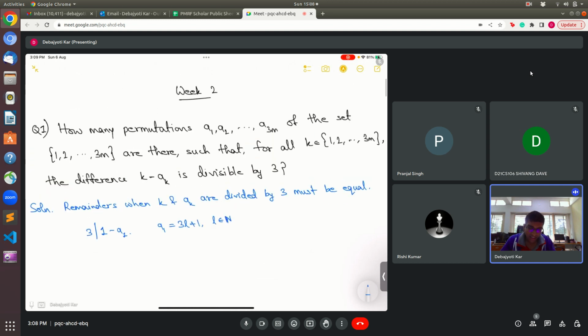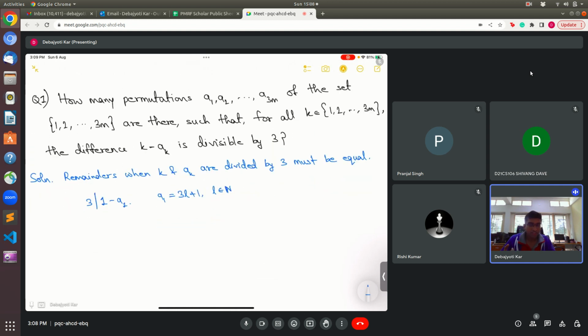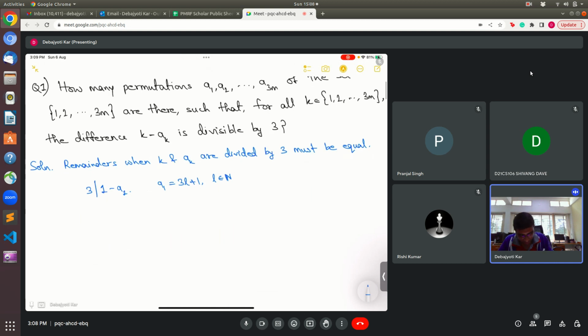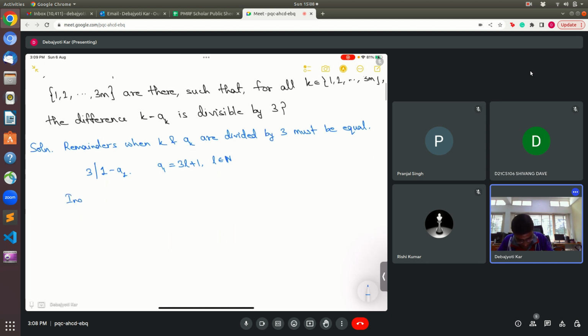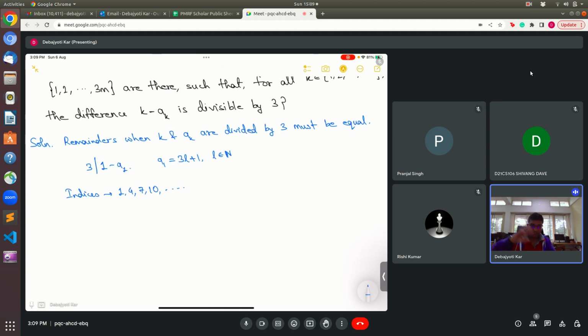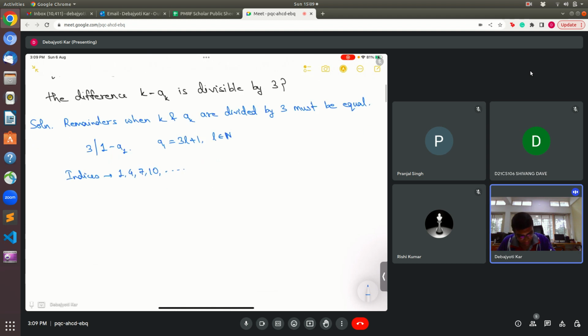Similarly, consider any index which leaves remainder 1 on division by 3, for example the indices 1, then 4, 7, 10 and so on. For all these values of k, the remainder when divided by 3 is 1. So for all these indices, the corresponding values, that is a1, a4, a7, a10, should also leave remainder 1 when divided by 3, right?